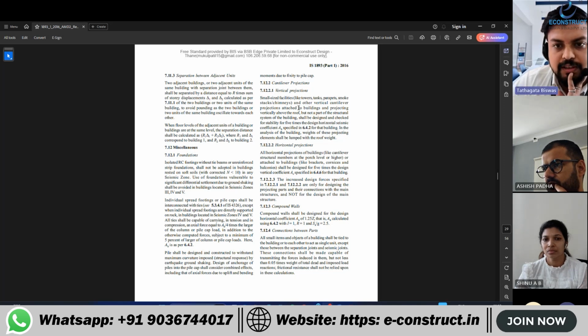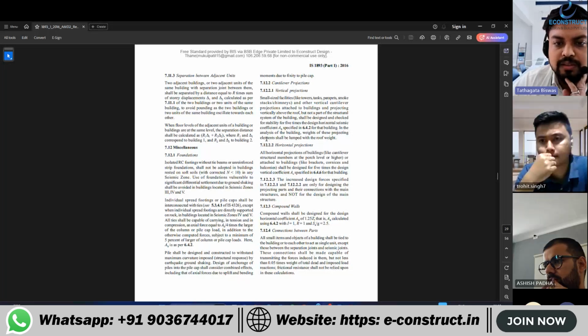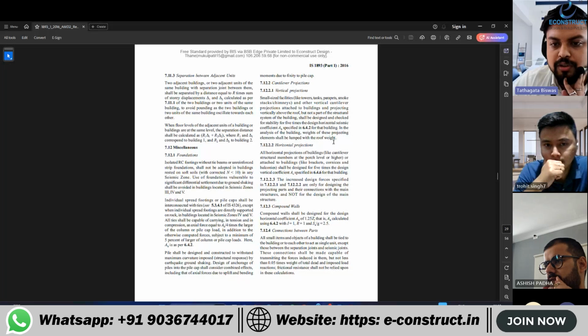The small size facilities like towers, tanks, parapets, smokestacks, chimneys, and other vertical cantilever projections attached to the buildings and projecting vertically above the roof, but not a part of the structural system of the building, shall be designed and checked for stability for 5 times the design horizontal seismic coefficient AH specified in 6.4.2 for that building. In the analysis of the building, weights of these projecting elements shall be lumped with the roof weight.